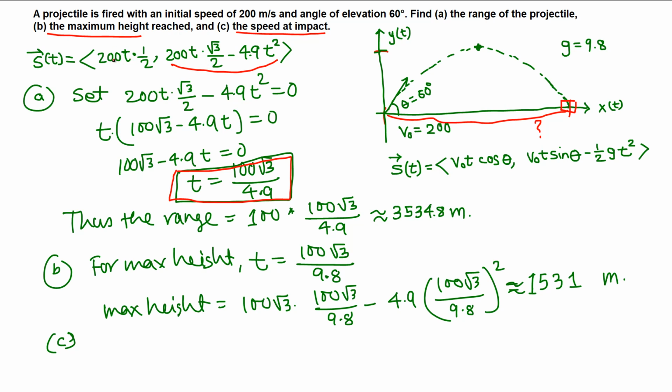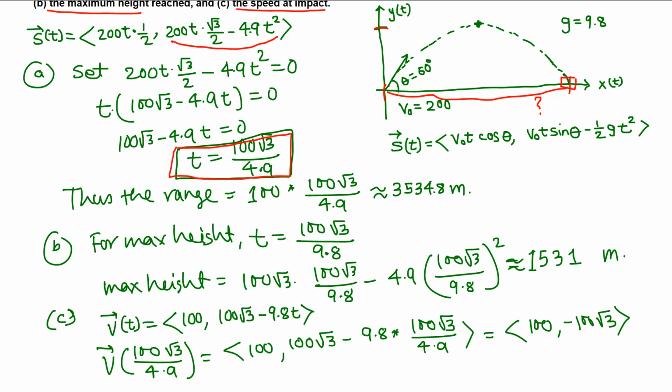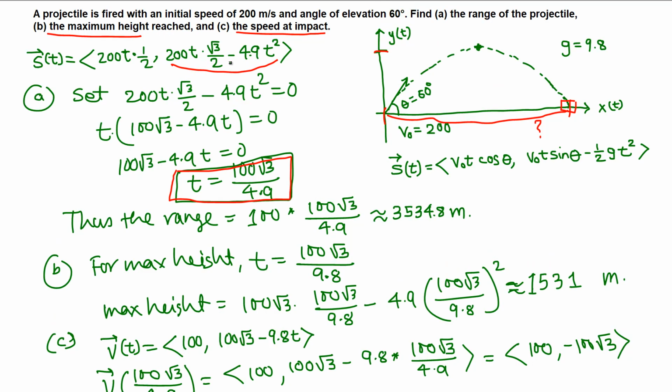The first one is the horizontal distance, this is the vertical distance, and if we find the derivative of the position, we get the velocity. So let's find the velocity here, finding the derivative of s(t), to find the velocity at impact, or speed at impact, in fact the magnitude of velocity.